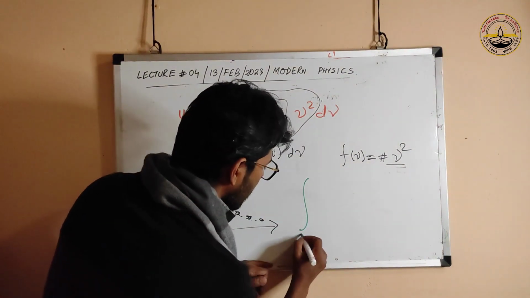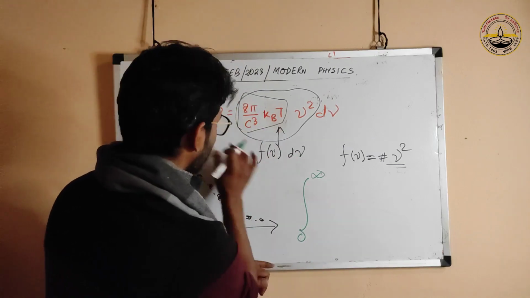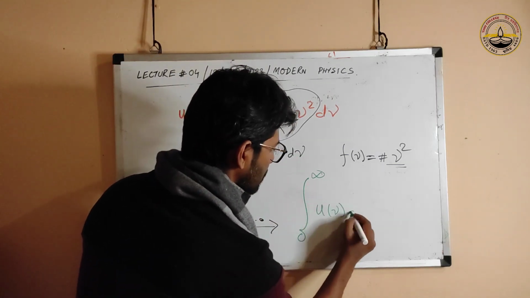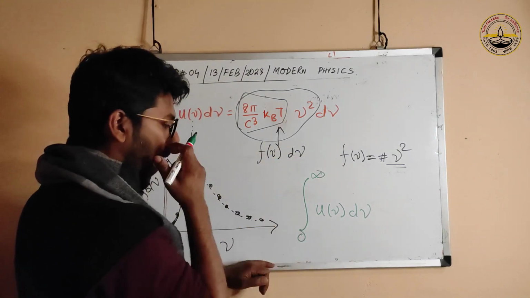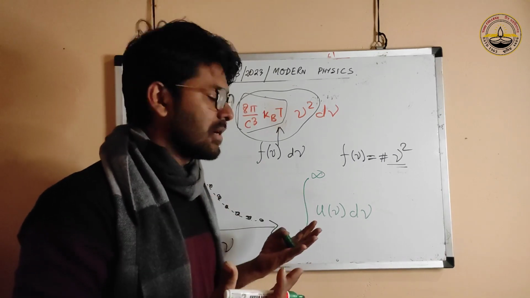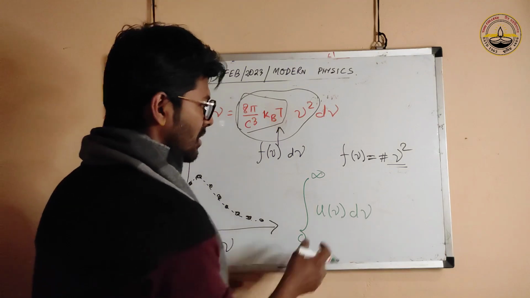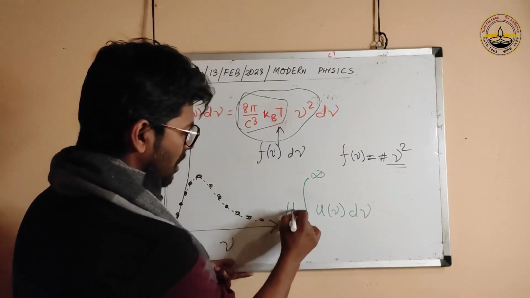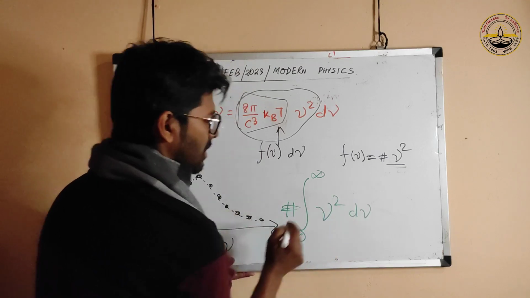So what do you do? You have to integrate from 0 to infinity your u nu d nu. So you have to integrate over all frequencies, and then you have what is the total energy radiated by this piece of iron. What happens when you do that? If you put in this function, some constant will come out and here we'll have nu square.